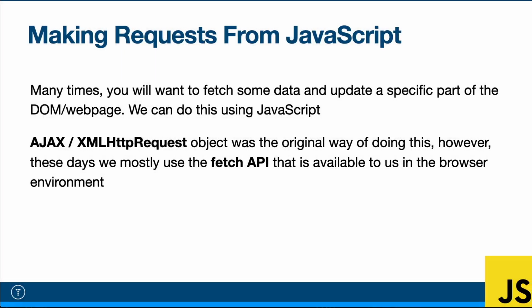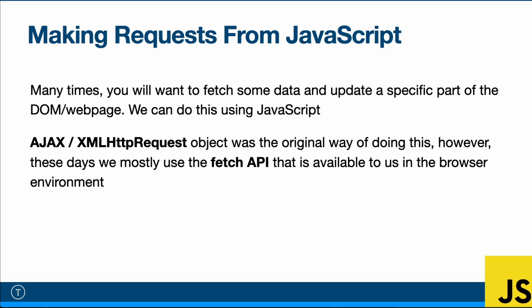Now, as far as making the request from JavaScript, there's a few ways to do this, but most commonly you're going to use the Fetch API, which is included with the window object in the browser. There are other third-party tools you can use like Axios. There's also an older method called Ajax, or what we call the XML HTTP request, or XHR object.